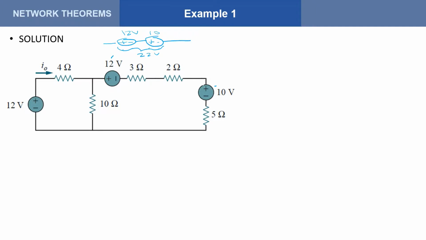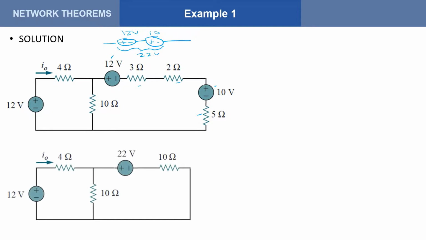Also, the 3 ohms, 2 ohms, and 5 ohms are also in series, and we can combine those into a 10 ohm resistor. So therefore, that will give us an even simpler circuit that looks like this.